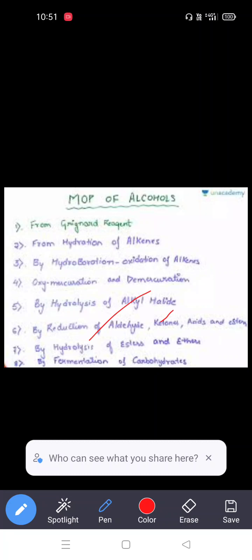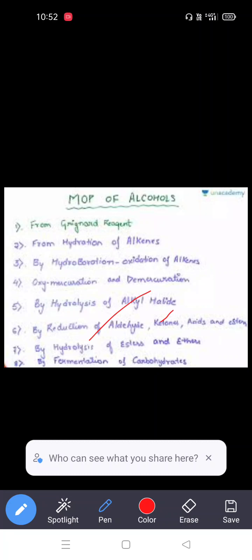The sixth one is by reduction of aldehydes and ketones, and sometimes acids and esters are also involved in this reduction process to produce the alcohols. This is also one of the important processes to prepare the alcohols. And the seventh one is by hydrolysis of esters and ethers.